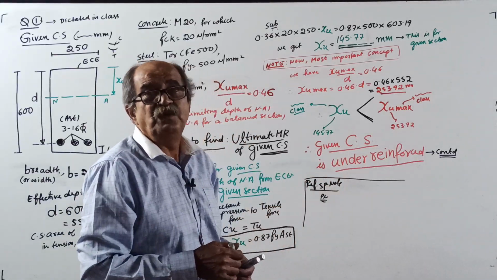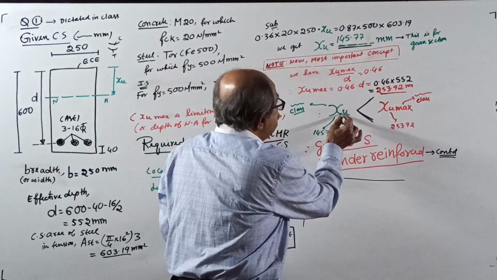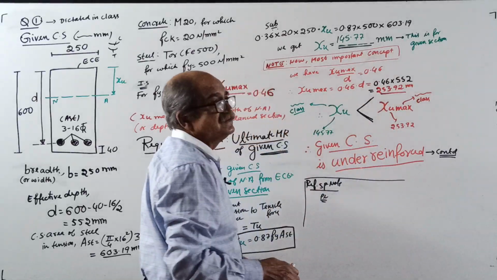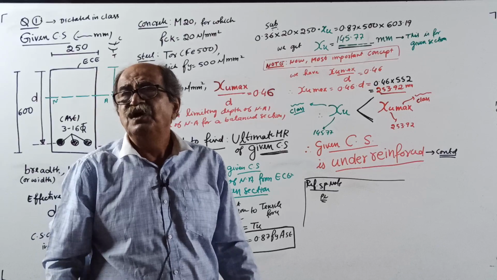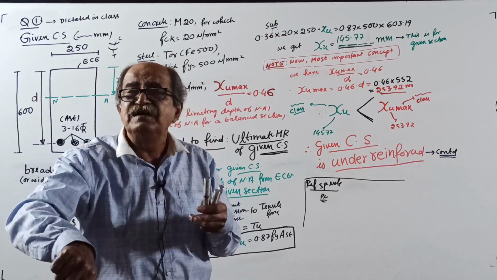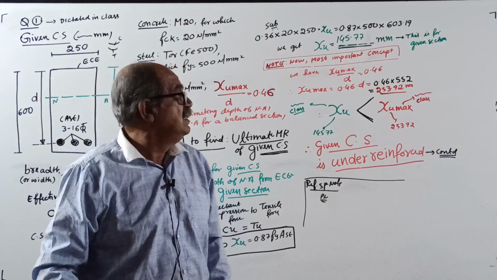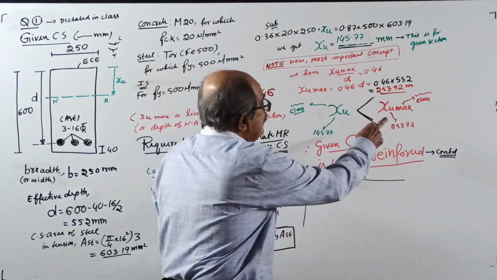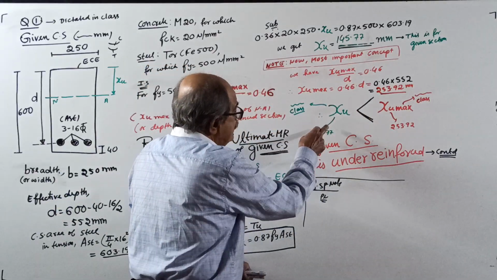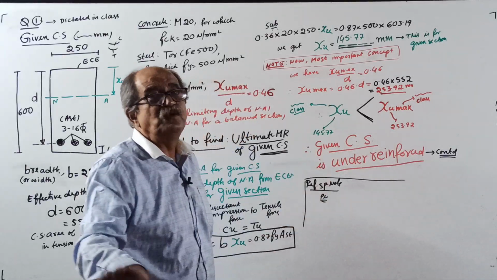Last time I told you, if XU comes less than XU max, the cross section is under reinforced. If it is under reinforced, for any further calculation your XU will remain as it is. You cannot take 253. Whatever you got, that value only will continue.